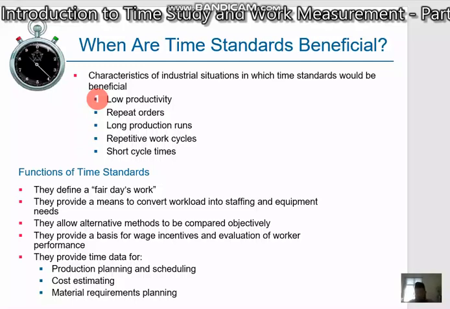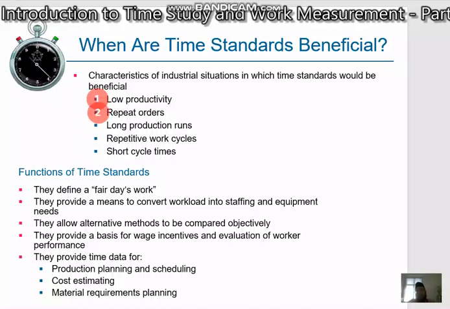If the current level of productivity is low, then there are significant opportunities for improvement. Using the time standard can help organizations recognize areas for improvement so that low productivity can be improved to higher productivity.